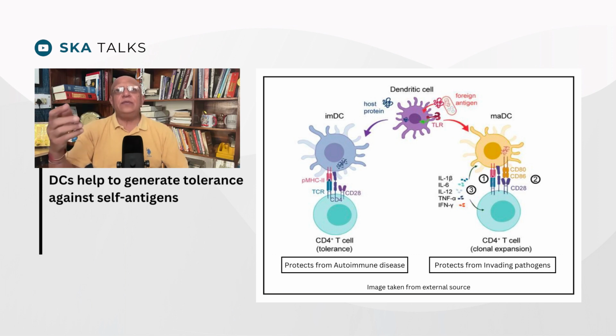And that way, they will have the self-antigen displayed on the MHC molecule on their surface, and they will interact with the T cell, which has got a T cell receptor for autoantigens. But that interaction, because it is through only one molecule, the MHC molecule and the TCR interaction, is a tolerizing signal, and the T cell will become tolerant to the antigen.